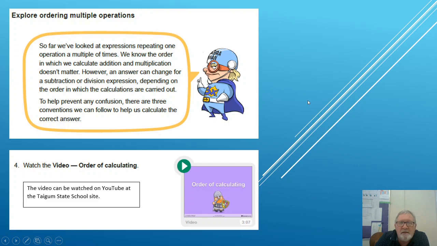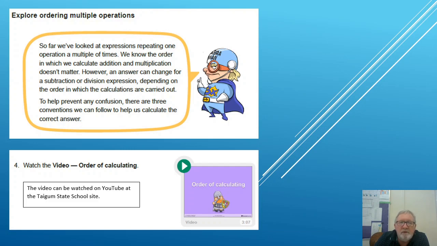So I told you this lesson's quite detailed, and we've got a fair way to go still. So let's read what it says here. So far, we've looked at expressions repeating one operation multiple times. It might repeat addition, it might repeat subtraction, and so on. We know the order in which we calculate addition and multiplication doesn't matter.